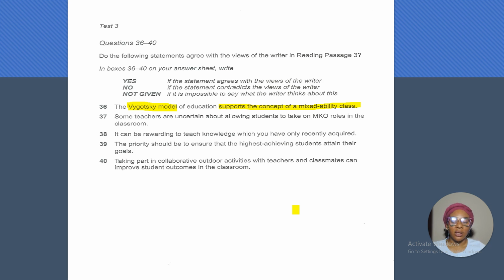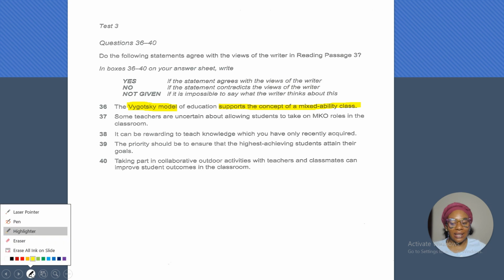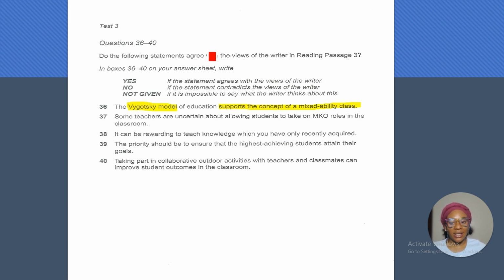All right. Now, you go ahead to keep an eye on the next question, which is number 37. Some teachers are certain about allowing students, are uncertain. You see what happened there? My brain read the word as uncertain.